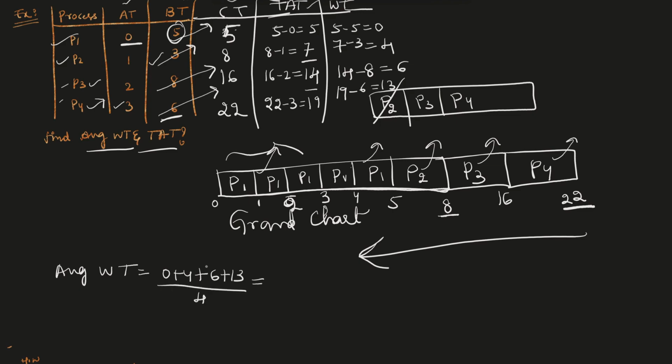This comes out to be 6 plus 4, 10. 10 plus 13 is 23, divided by 4. It is nothing but 5.75.